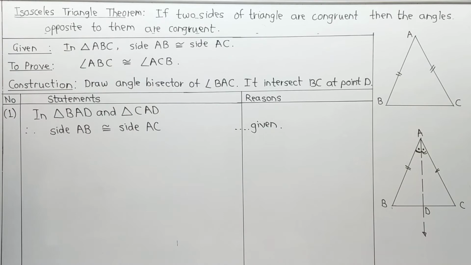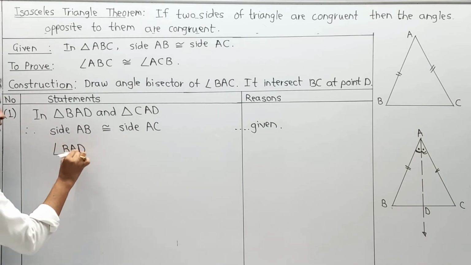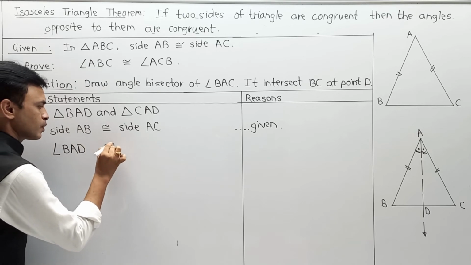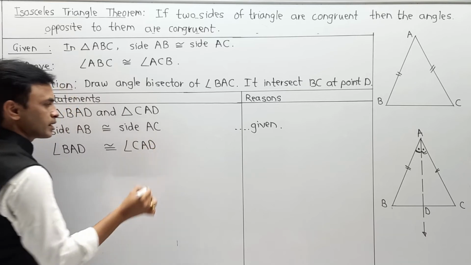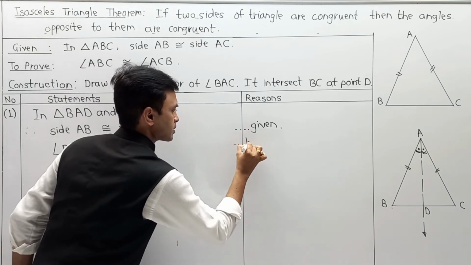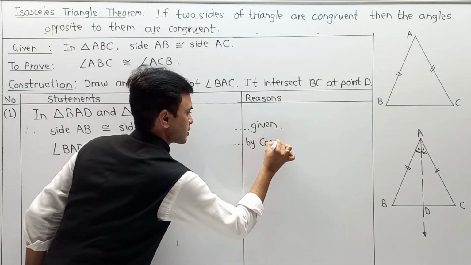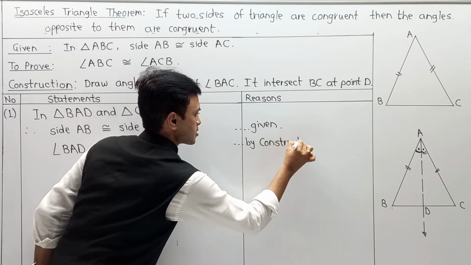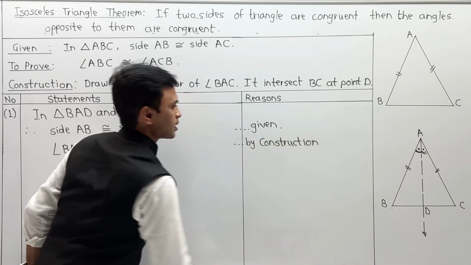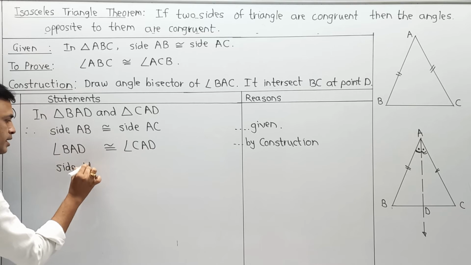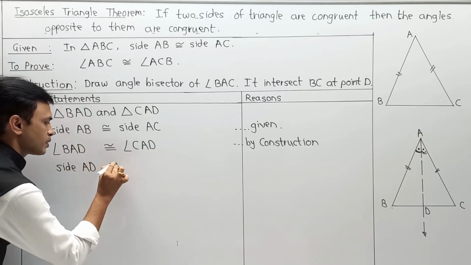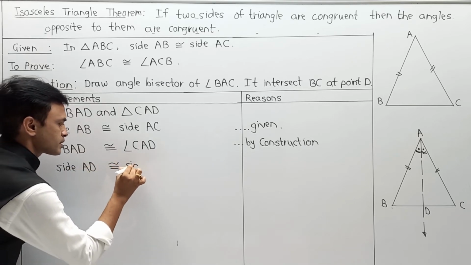Next, angle BAD is congruent to angle CAD. Reason, by construction. Next, side AD is congruent to side AD. Side AD is congruent to side AD.